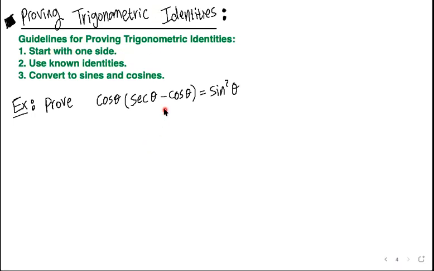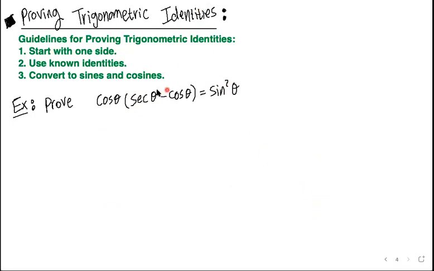The way to prove is to hold one side, this side or this side, whatever you want. Then you simplify this side until you arrive at the second side. Or there is another way: you hold one side and arrive at a point, you hold the second side and simplify to arrive at another point. This point and this point must be equal.